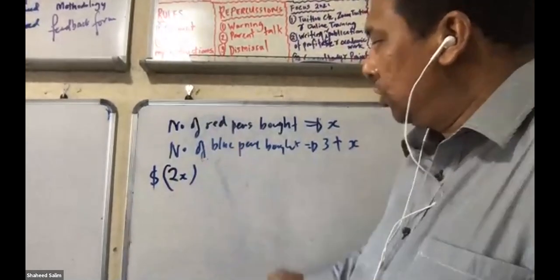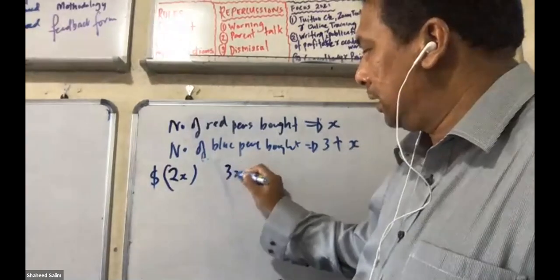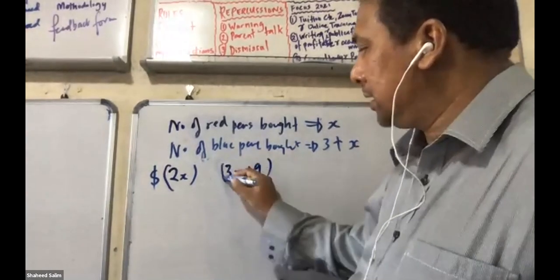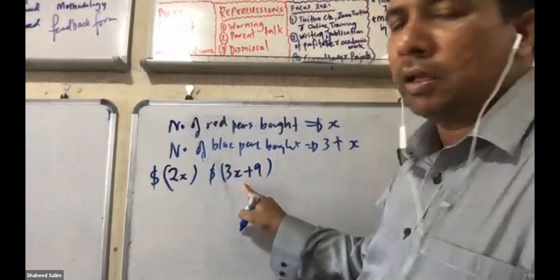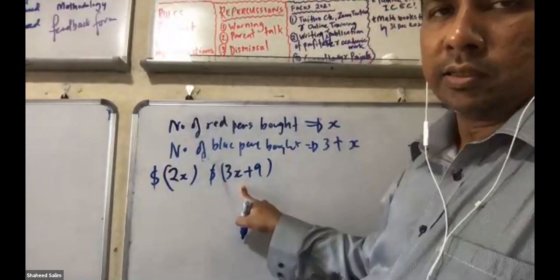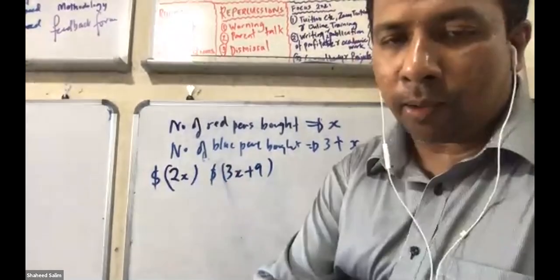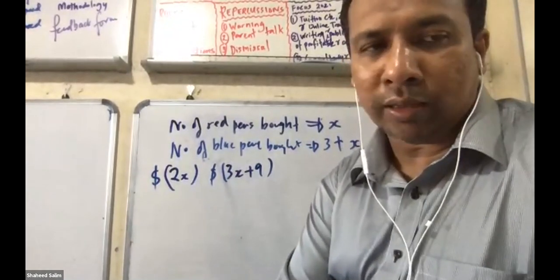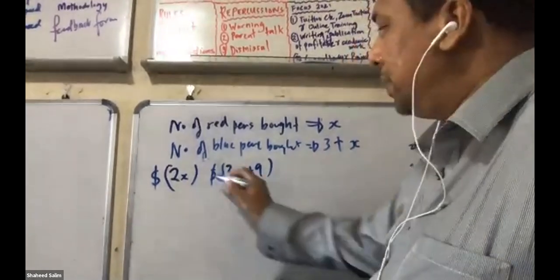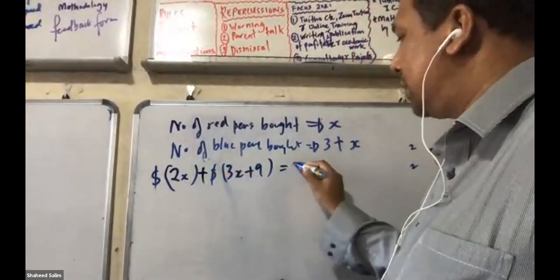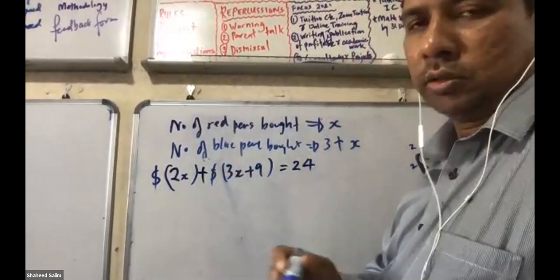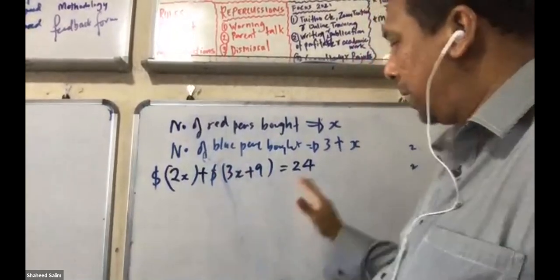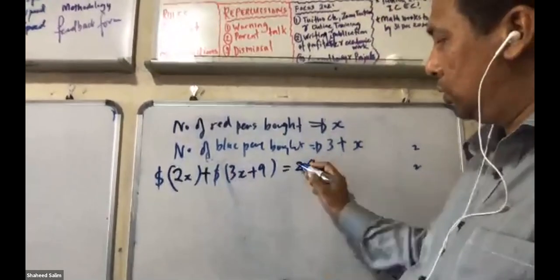So this is the price of the blue pens. Now it says that the total amount paid is $24, if I'm not mistaken. He spent a total of $24. So that means if I add these two together, this equals $24. Now, to make sure, do you understand this part? $24, you get it?